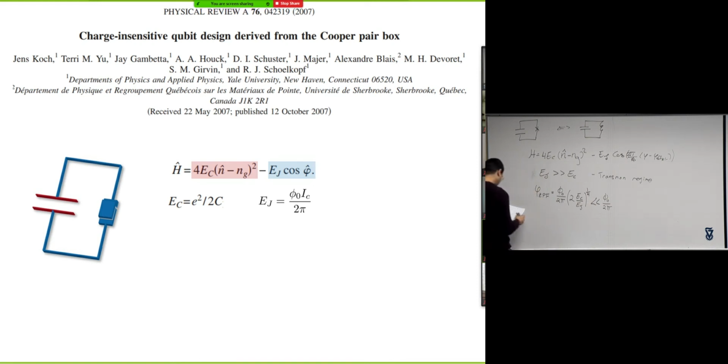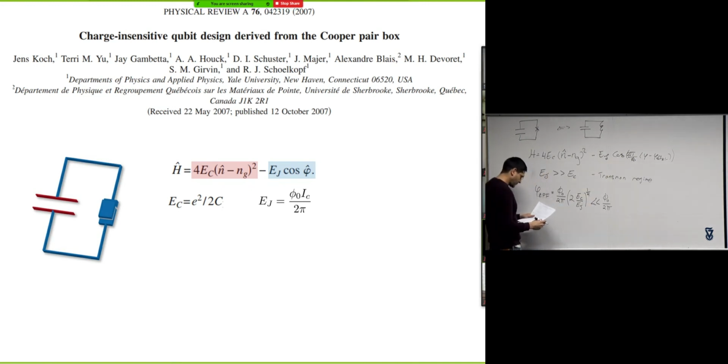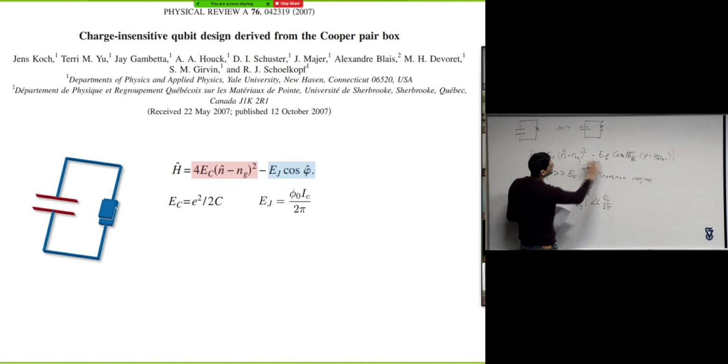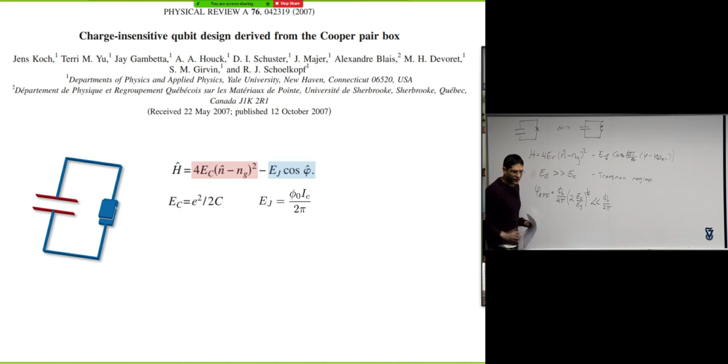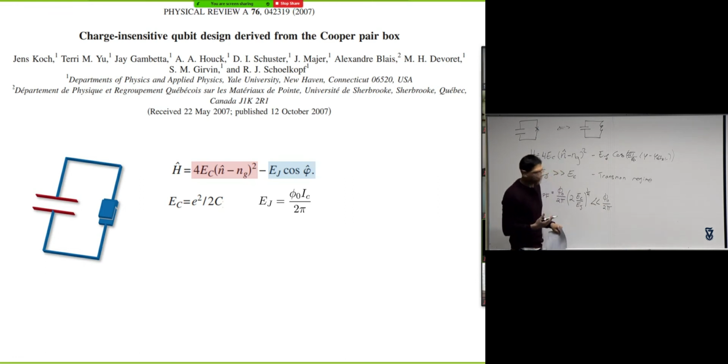And once you do that, first of all, it's easy to see that this becomes just a regular harmonic oscillator if I take the zeroth order. If I take cosine and I develop it, the first term is just going to be phi squared.